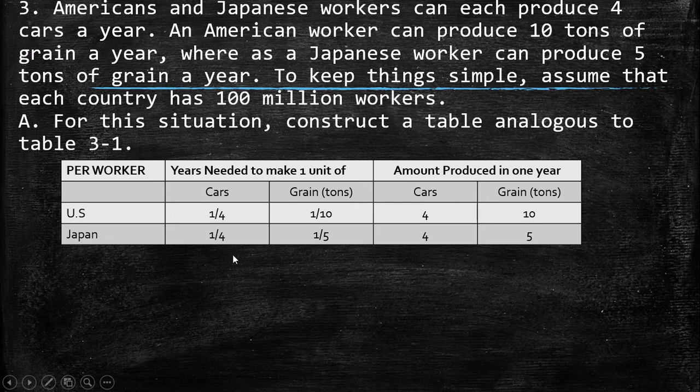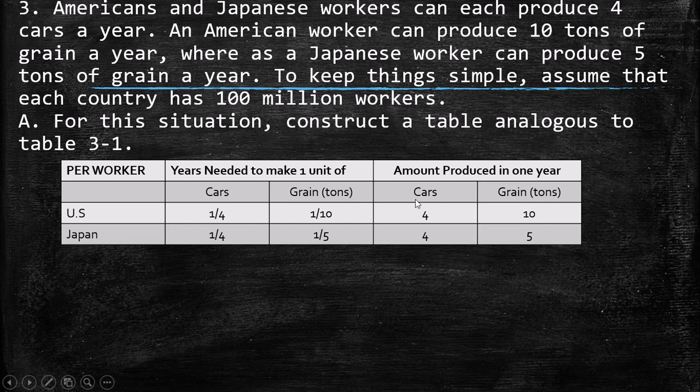So it means that 1/4 of a year is needed to make 1 unit of cars. On the other side, each worker of Japan produces 5 tons of grain per year, which means that 1/5 of a year is necessary for making 1 unit of grain measured in tons. On the other side, we have the amounts produced in 1 year.